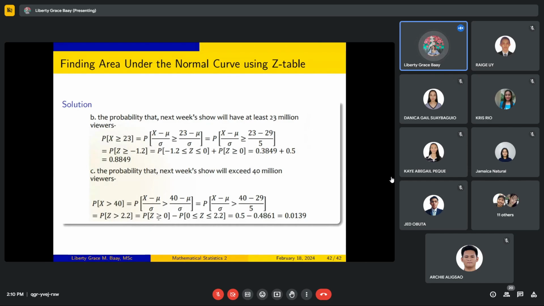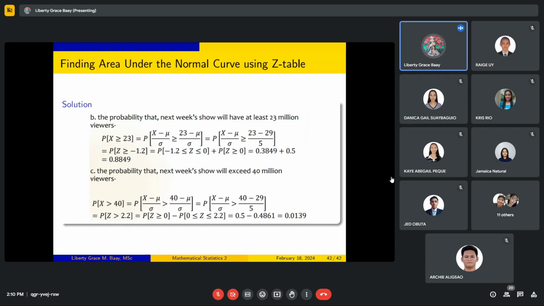So for negative 1.2 to 0, we have 0.8849 minus 0.5, so we have 0.3849. And for z greater than or equal to 0, we look at z equal to 0, which becomes plus 0.5. So that is equal to 0.8849.